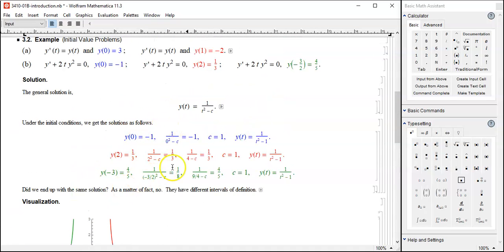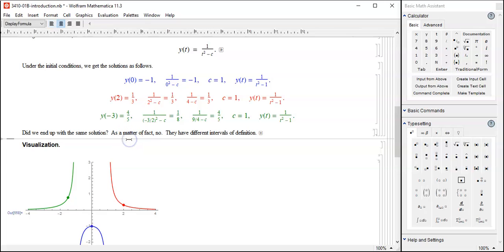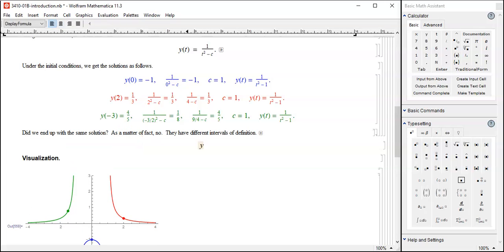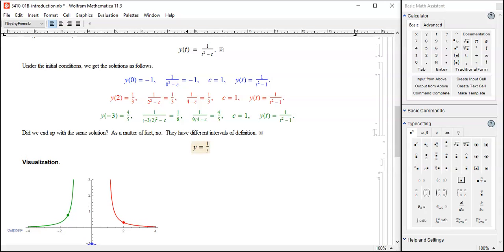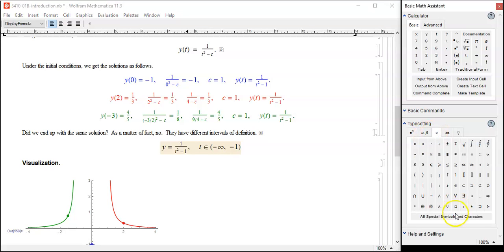Let's see. So we have y equals 1 over t squared minus 1. Then t should be a member of negative infinity to negative 1, or negative 1 to positive 1, or positive 1 to positive infinity.